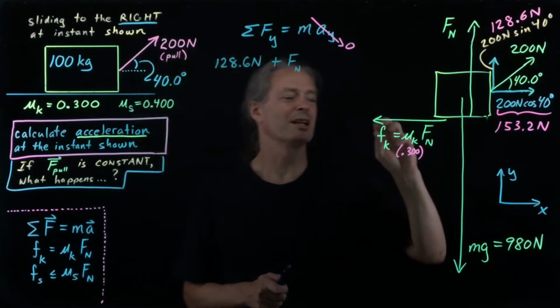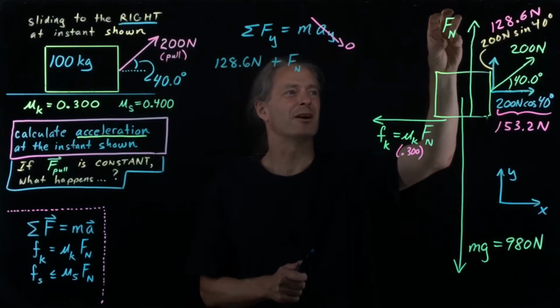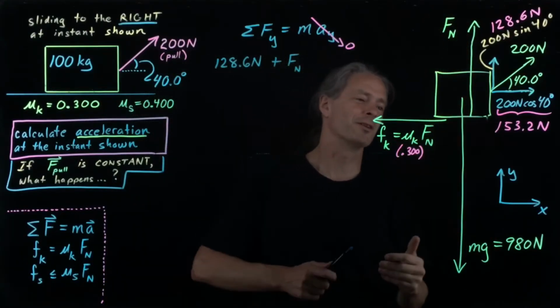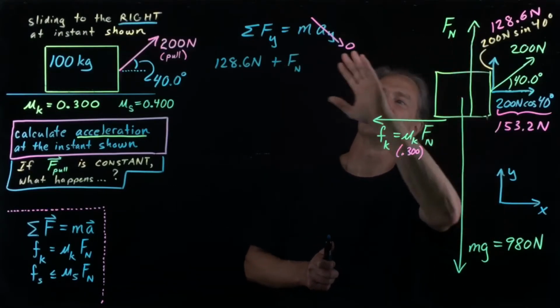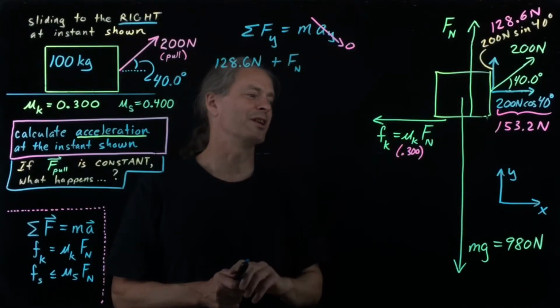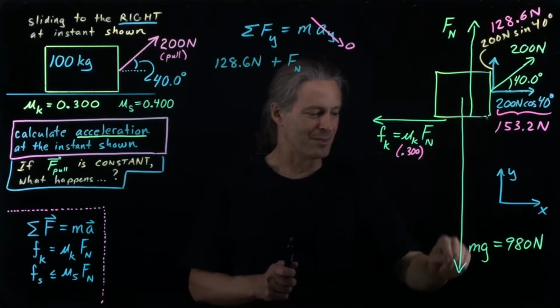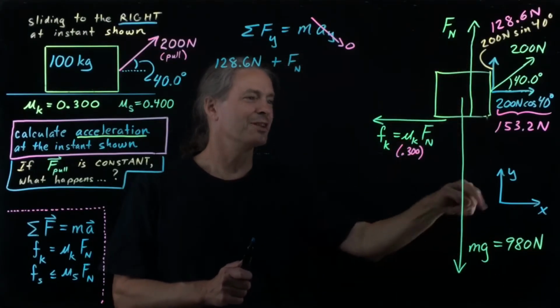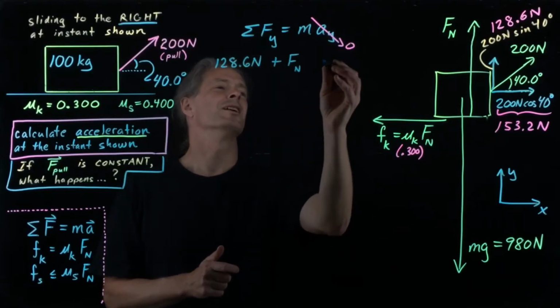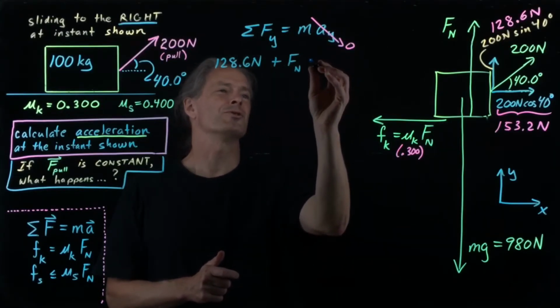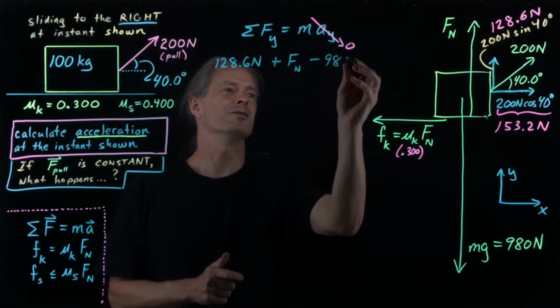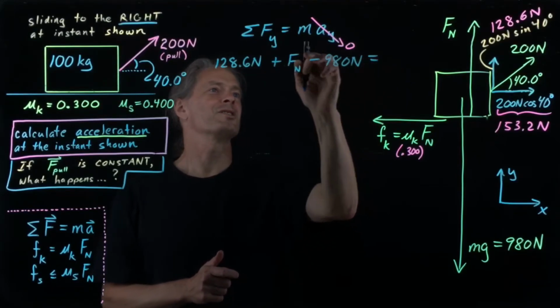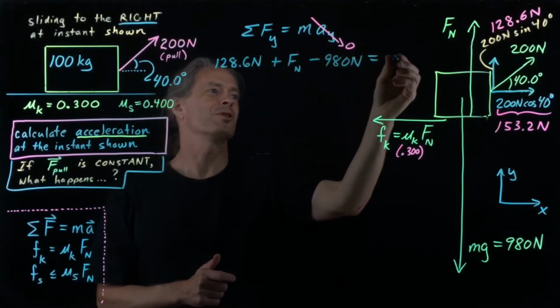And I'm assuming when I label these things, I'm putting a positive amount on there, and the arrow allows me to interpret whether I want to put a positive or negative sign. The magnitude of this arrow is 980 newtons, but it's in the downward direction, the negative y direction. So I have plus a negative 980 newtons, or just minus 980 newtons. Down on the right-hand side, I got 100 kilograms times 0, which gives me 0.